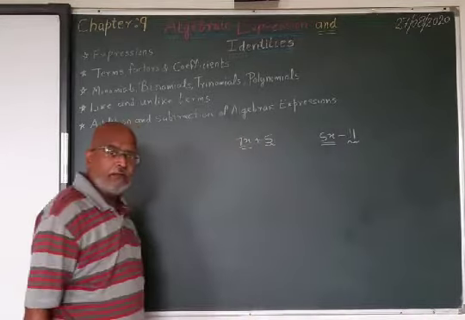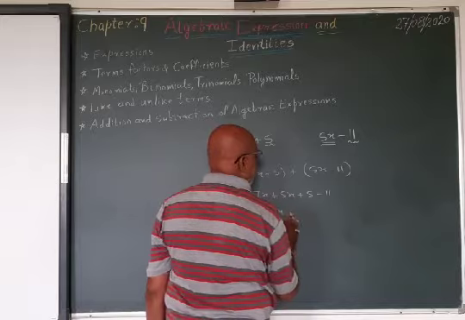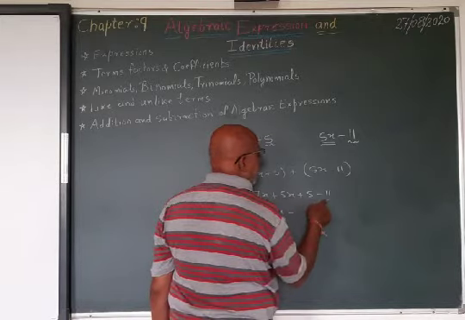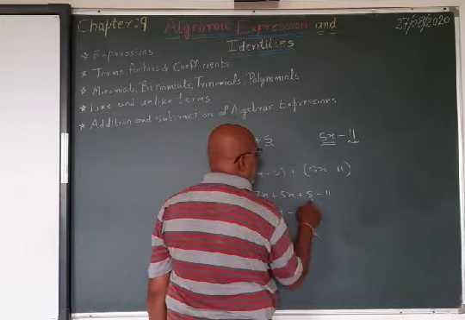The result will be 7 plus 5 is 12x, plus, no, it will be minus. Why? Because 11 is greater, 11 minus 5 is 6, and the sign of the greater one is minus. Got it clear? Now you can take 6 common, so you will get 2x minus 1. So these can be called the factors of this addition.